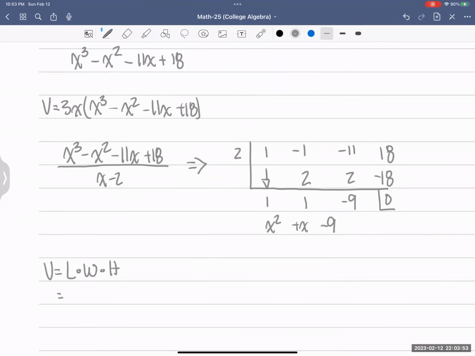Our length, they told us, was 3x. Our width, they told us, was x minus 2. When we divided all of that out from the original, we ended up with that x squared plus x minus 9. And there we go. That's our solution.